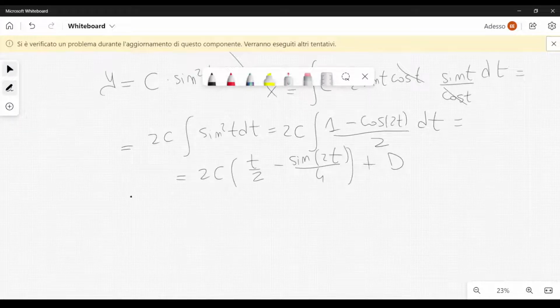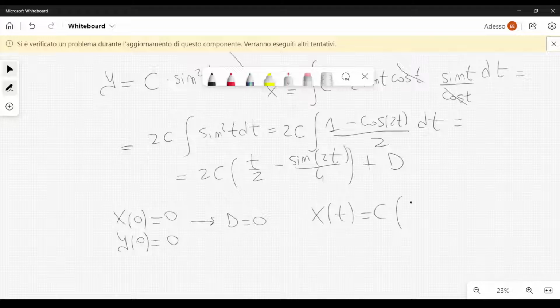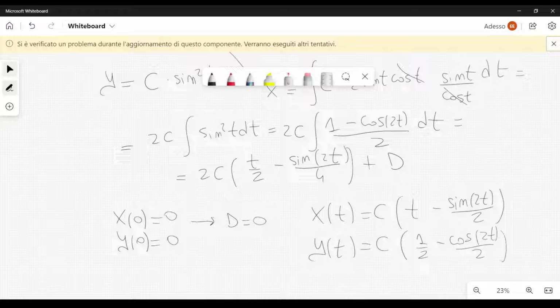Now we want x of 0 to be 0 and y of 0 to be 0, because at time t equal to 0 we are assuming that the point starts from the origin, so d will be equal to 0 and x of t will be equal to c times (t minus sine of 2t over 2), and y of t equal to c times (1/2 minus cosine of 2t over 2).